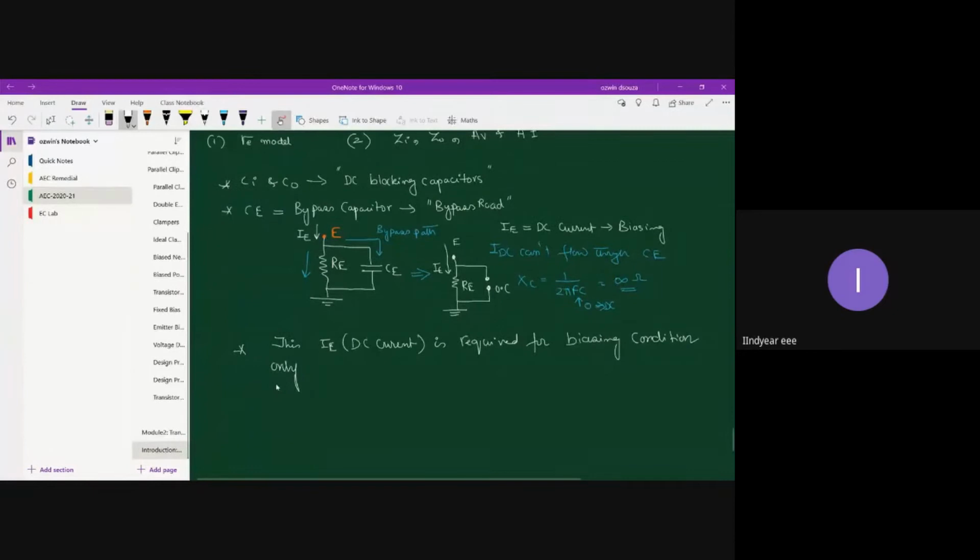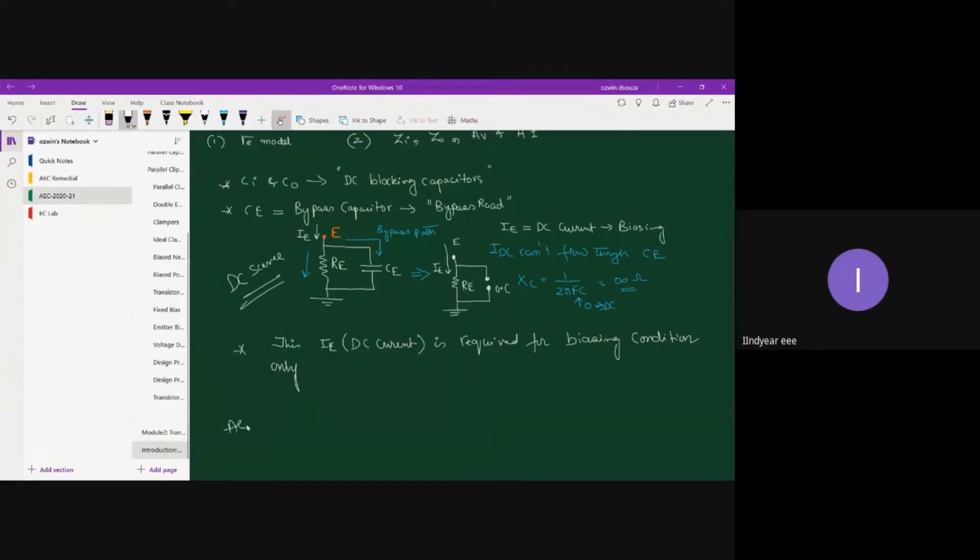It needs biasing because you need to have a Q point which is centered at the load line. That is taken care of by the emitter current IE and its constituents, the base and collector currents. So this is for the DC scenario.